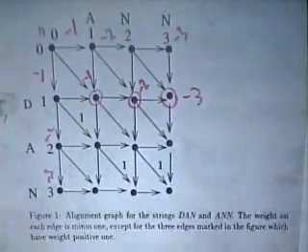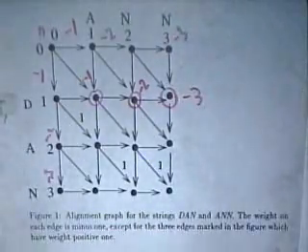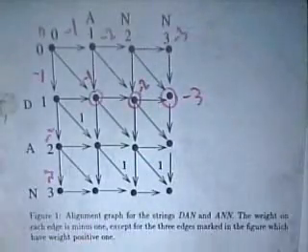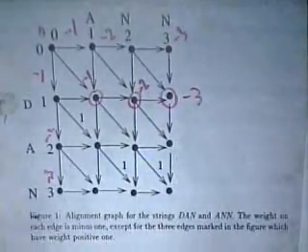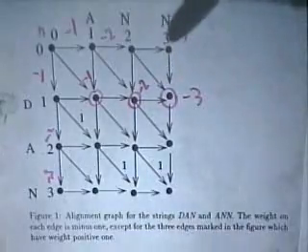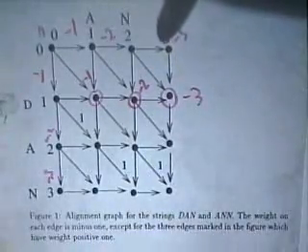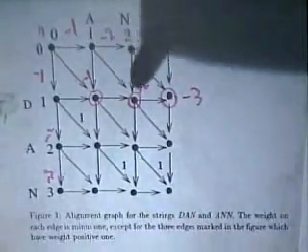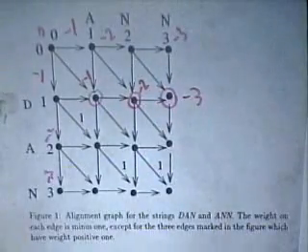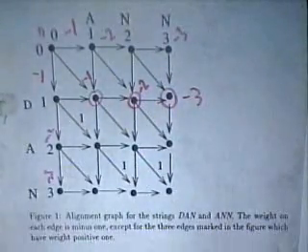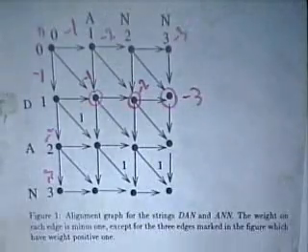Point being that when I'm focusing on this node, if I know already the longest distances to its neighbors, the amount of effort I'm making here is just basically looking at 3 pieces of information, 3 numbers, doing 3 additions, and then making a comparison between 3 numbers.